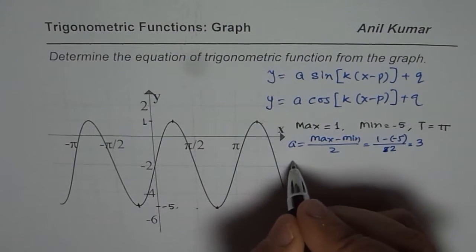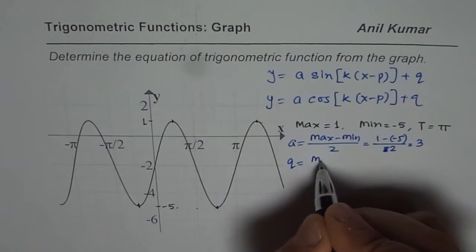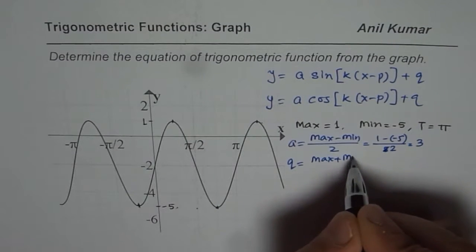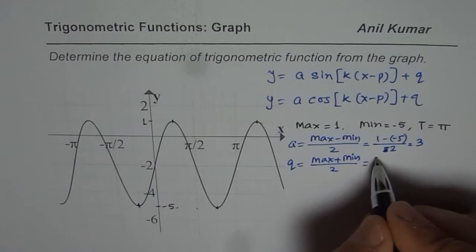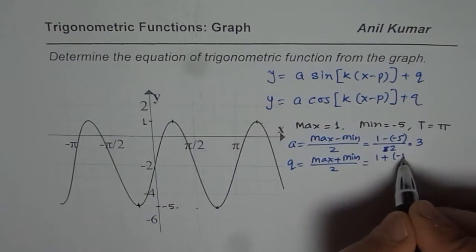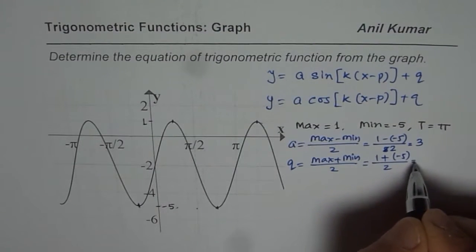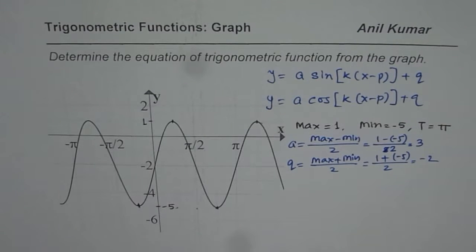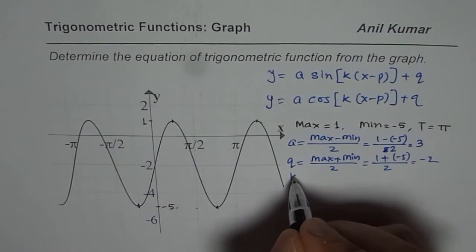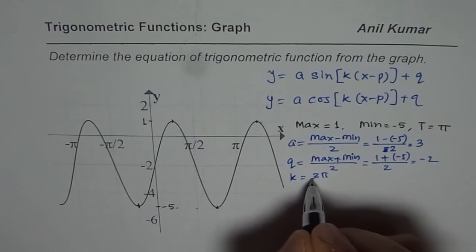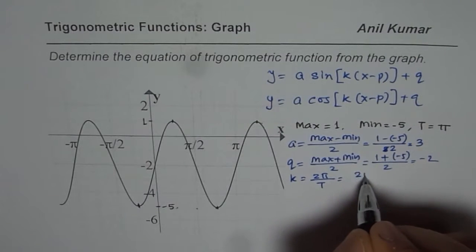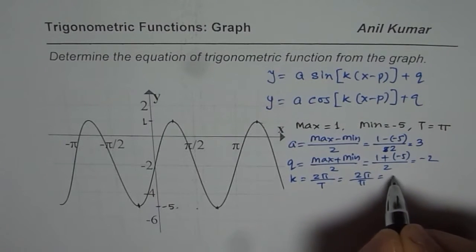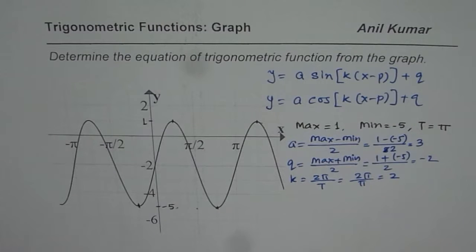To find the vertical translation, that's the average value, so maximum plus minimum divided by 2. The maximum is 1, and then we have minus 5, divided by 2. That means minus 2. Now the time period is pi, therefore k equals 2 pi divided by the time period T. So 2 pi by pi gives us the value of k as 2.